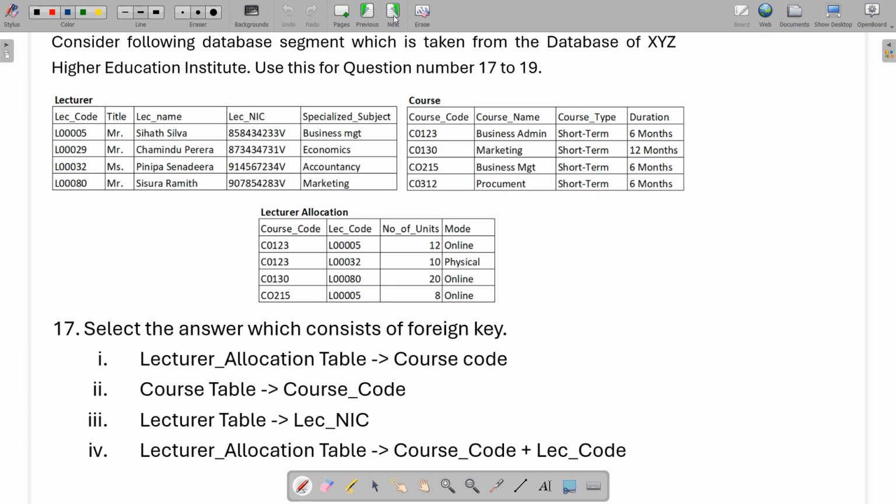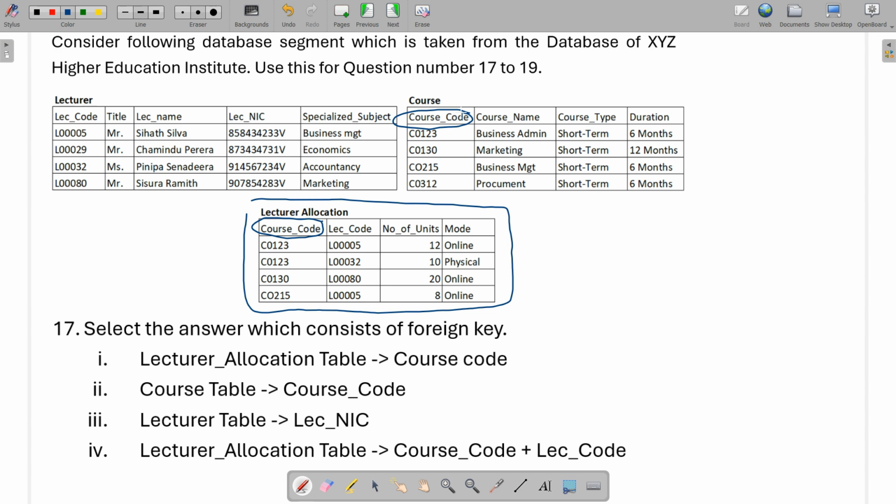So they say lecture allocation table with course code. Lecture allocation table is this. So course code is just this. The course code equals this particular one in the course table, which is not going to be a problem, but they are only asking about the foreign keys.